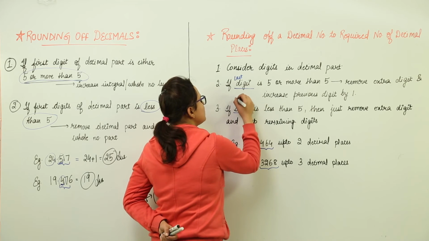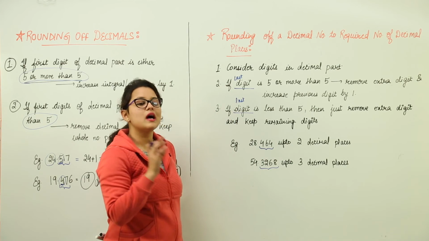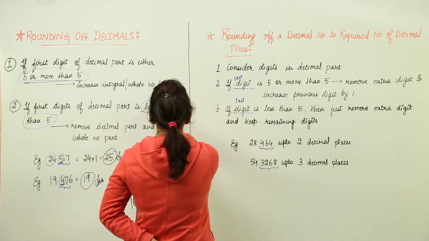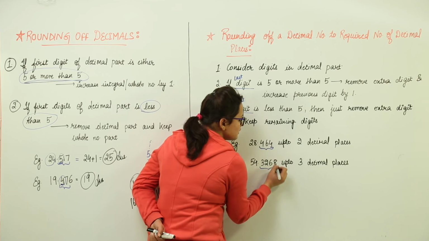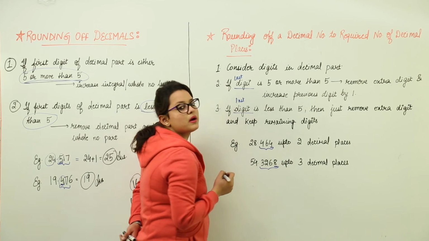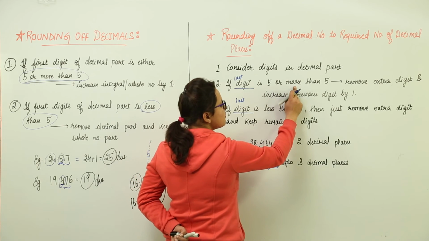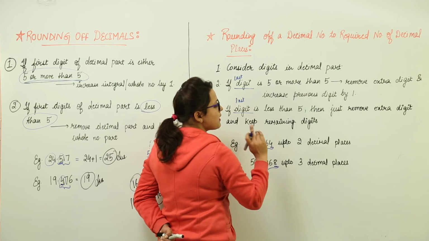I have purposely not written it here so that I can tell you clearly the difference between this one and this one. Here we have to consider the last digit of the decimal part. If the last digit of the decimal part is 5 or more than 5, we remove that extra digit and increase the previous digit by 1.